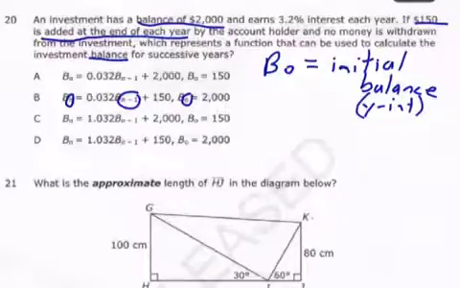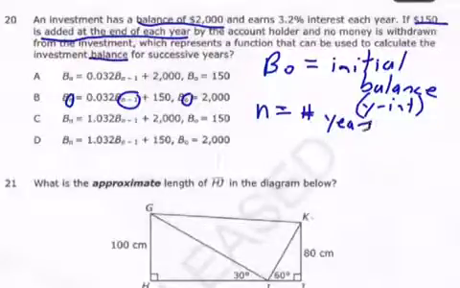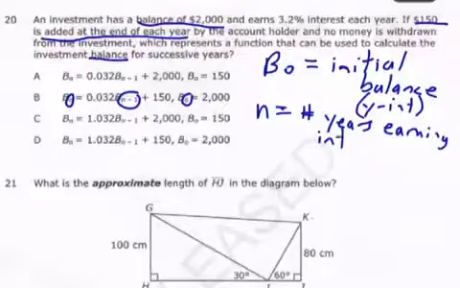And then if we plugged in, N stands for the number of years. So in other words, that's at 0 years or before we even start investing. So N is the number of years earning interest. So now that I know what my variables stand for, I'm better able to answer this question.